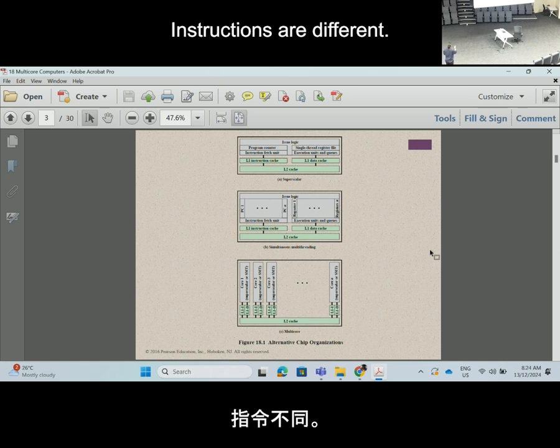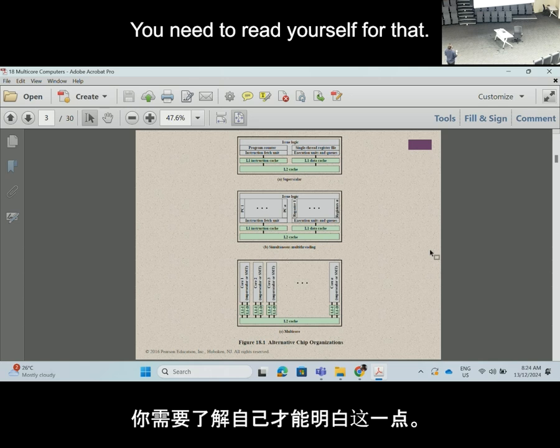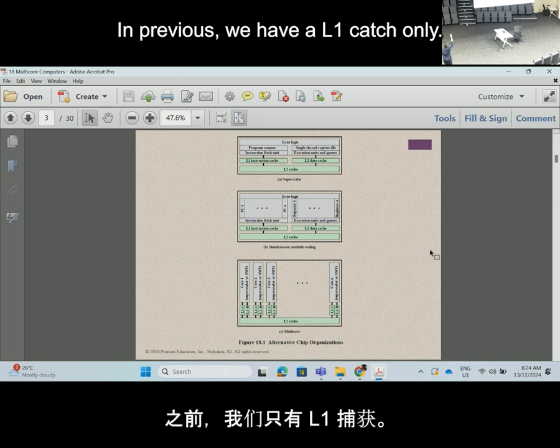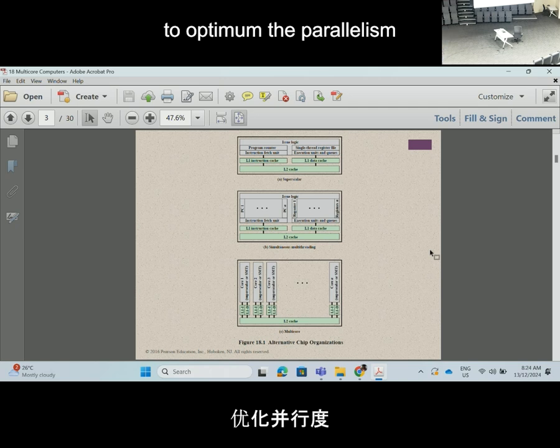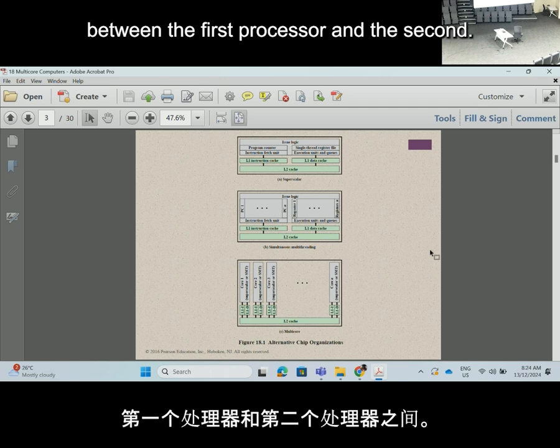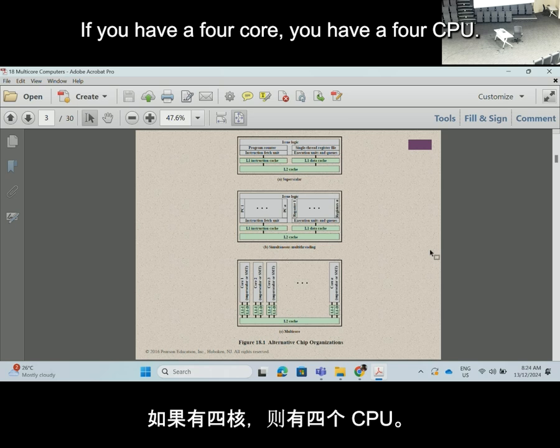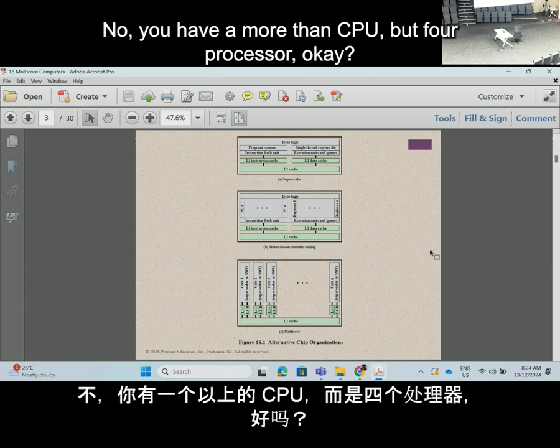Instructions are different, and the threads are also different. You need to read about that yourself. In the previous design, we have an L1 cache only. So when we have multiple processors, to optimize the parallelism between the first processor and the second, if you have a 4 core, you have 4 processors.